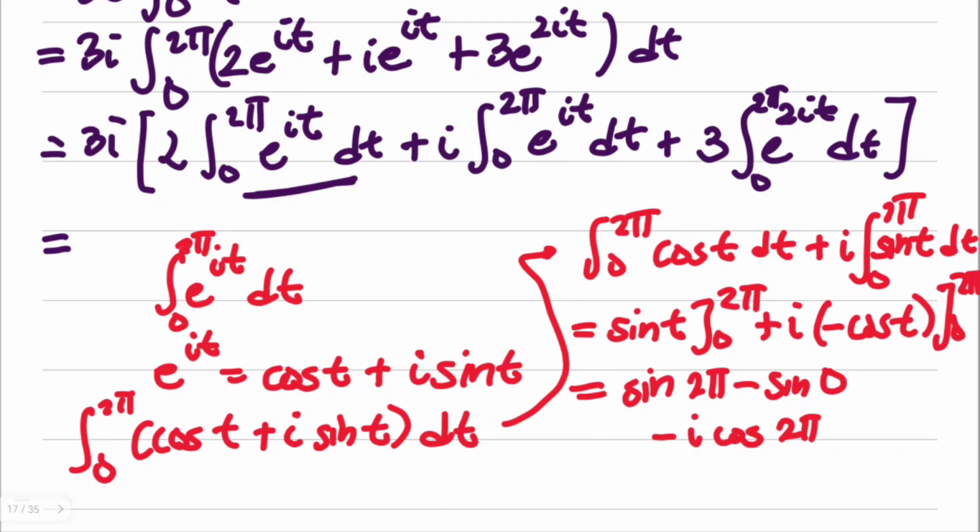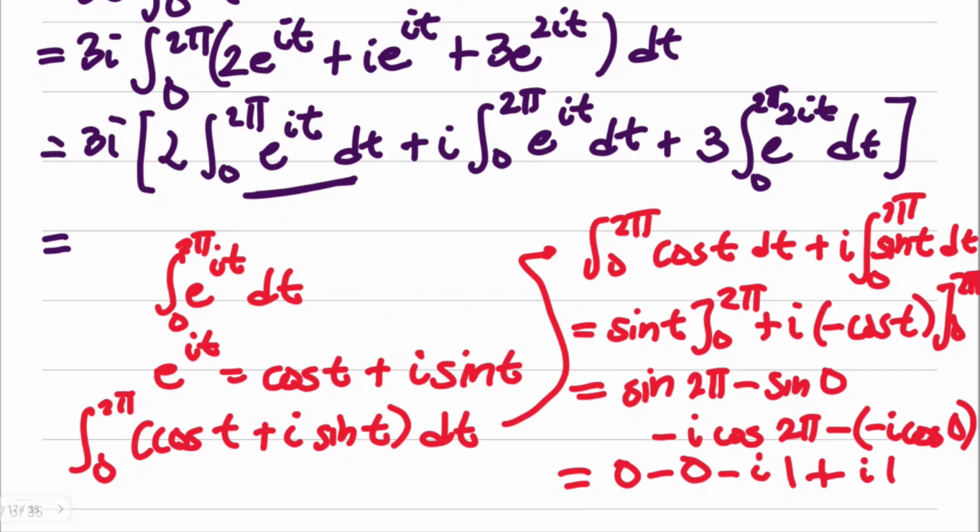We have minus, and then minus here, negative of i cosine of 0. What is sine of 2 pi? Sine of 2 pi is actually 0. Sine of 0 is also 0. Minus i, cosine of 2 pi is 1. Plus i, cosine of 0 is also 1. That's actually equal to 0. 0 minus 0 is also simplified to 0.